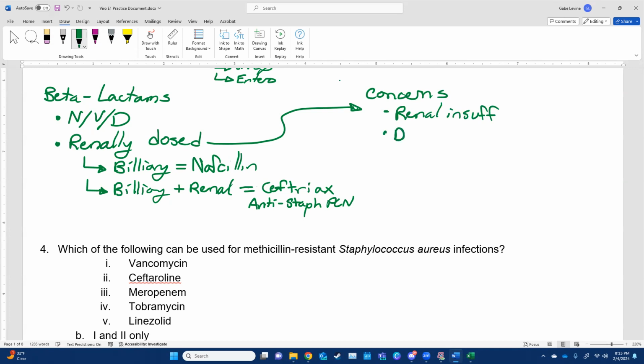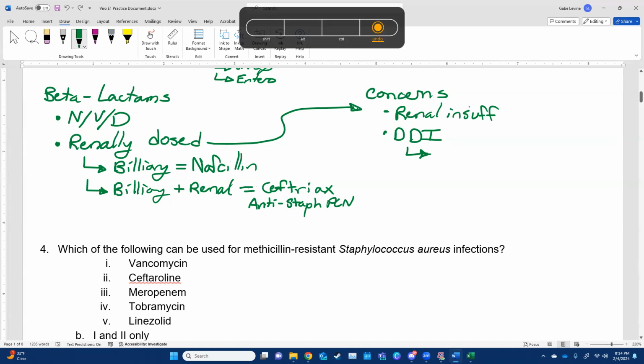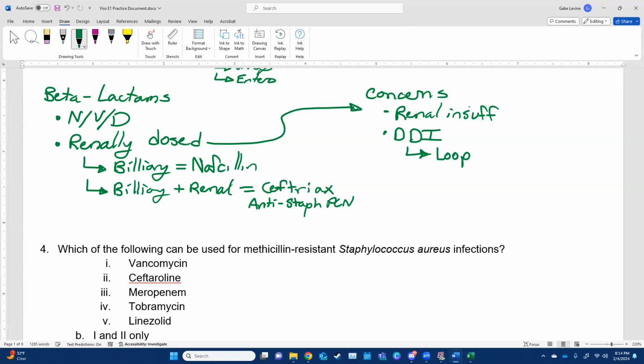What are some drug-drug interactions that we have to think about? Yep. Loop diuretics. What else?